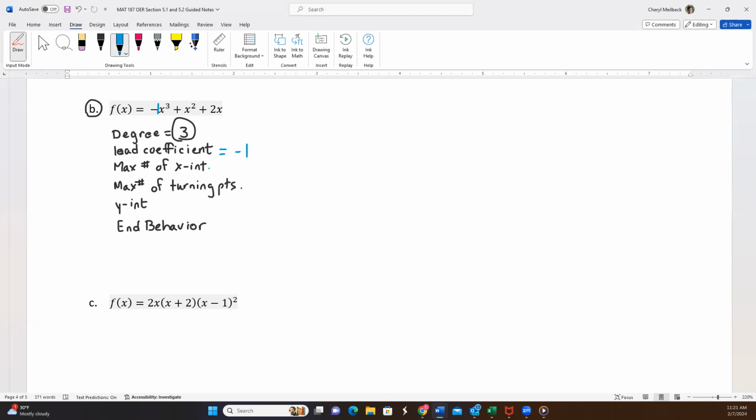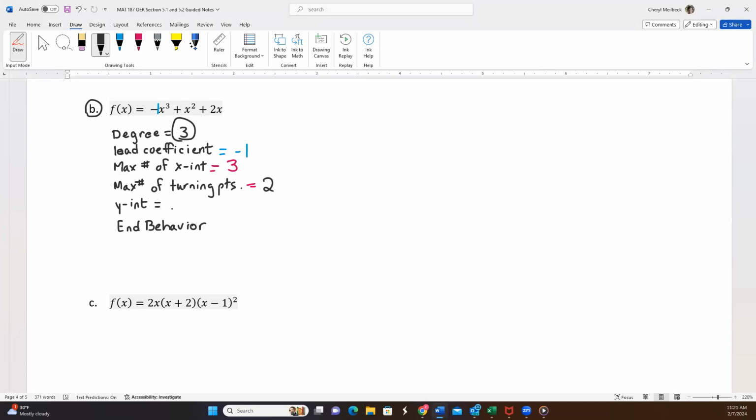The maximum number of x-intercepts is equivalent to the degree of the function. So the maximum number of intercepts is 3. The maximum number of turning points is equivalent to the degree minus 1. So in this case, the maximum number of turning points would be 2. And now the y-intercept.